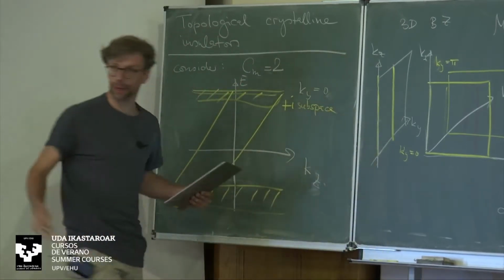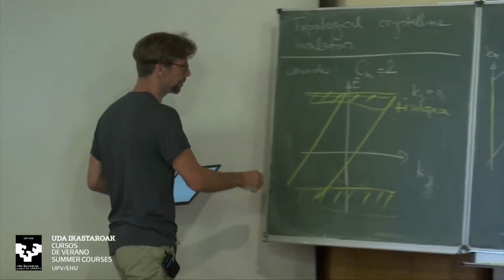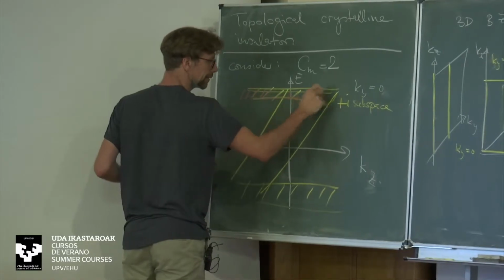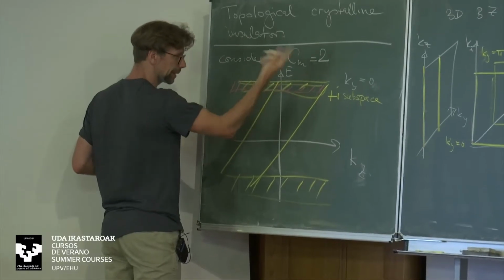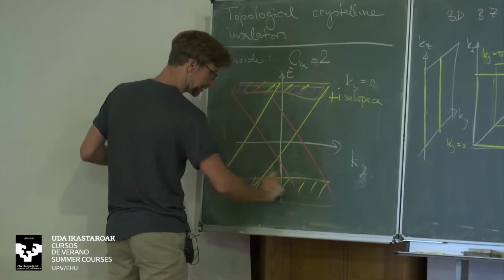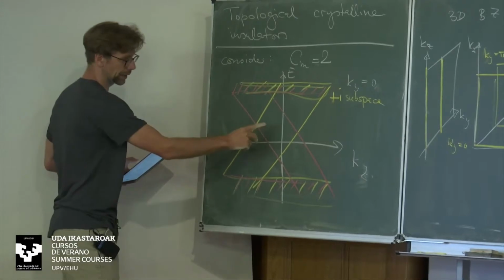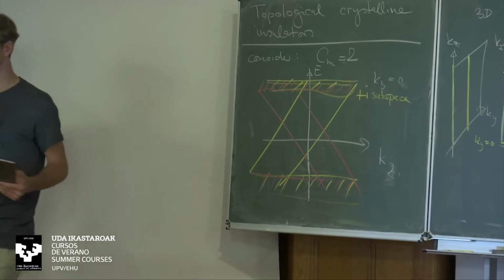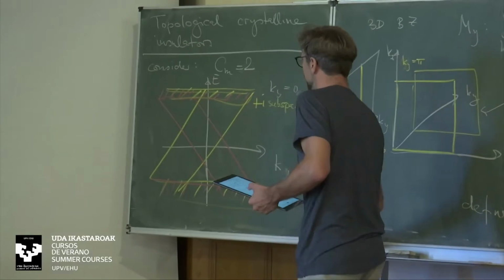And now for the minus i subspace, of course, it's just a time reversal of this one, right? So the minus i subspace is basically also having a Chern number, but -2, so it has to have two modes that go in the other direction. And the whole arrangement should be time reversal symmetric. So, okay, it's not perfectly drawn now, but these two crossing points should be at equal distance from the origin in kz, right?